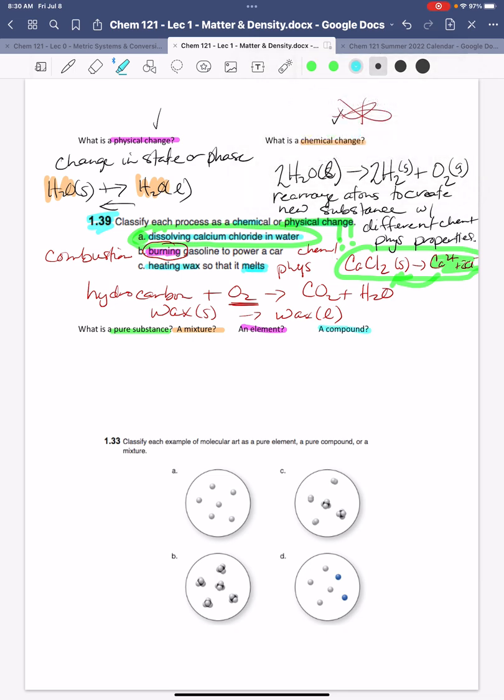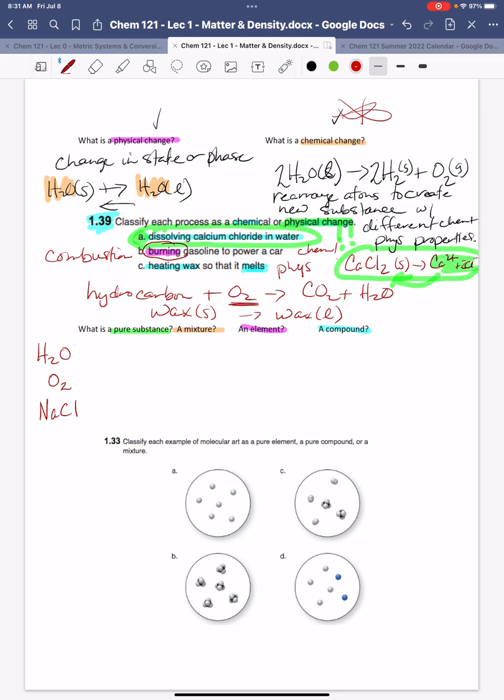When we think about a pure substance, I know you've used the word pure before when you've referred to water. So pure water, pure oxygen. If I take salt, I can have pure sodium chloride. So a pure substance is a unique substance. It's one type of particle.